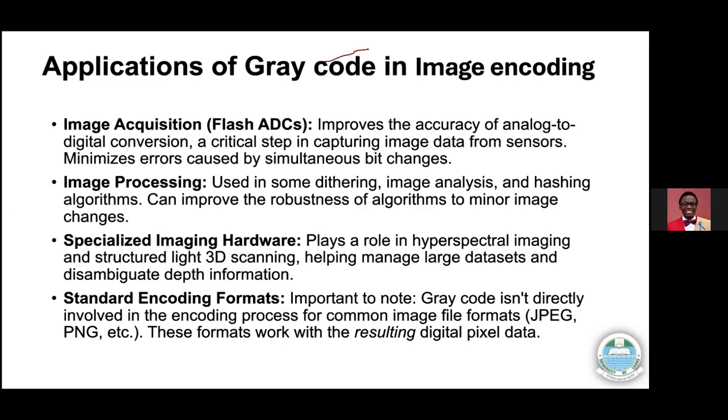Gray code enhances image analysis techniques like dithering and hashing by minimizing sensitivity to small errors. It makes algorithms more robust against changes in data. For instance, this is crucial in security systems or pattern recognition.